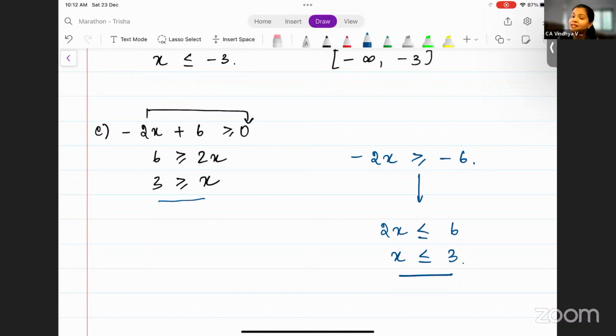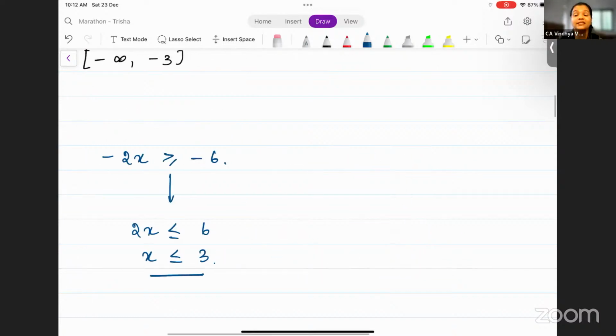Yes? Okay. There is another way to solve this. Now, what is that, if you ask? See, if you have minus 2x greater than or equal to minus 6, now you can shift this minus 2 to the denominator on the right hand side, correct?